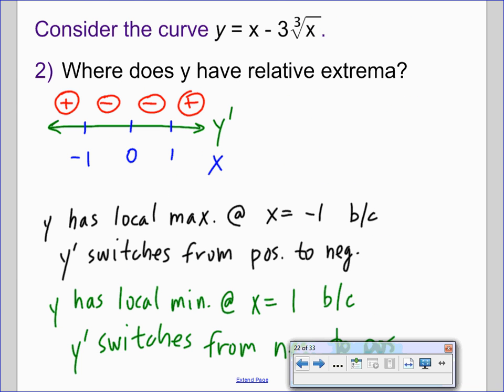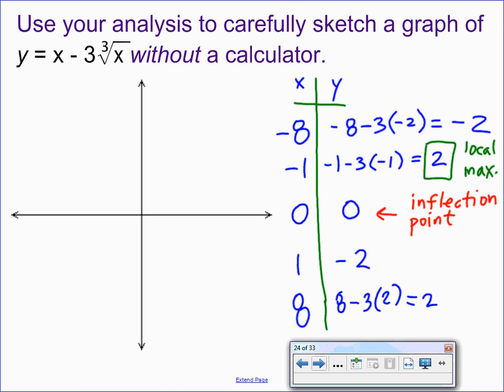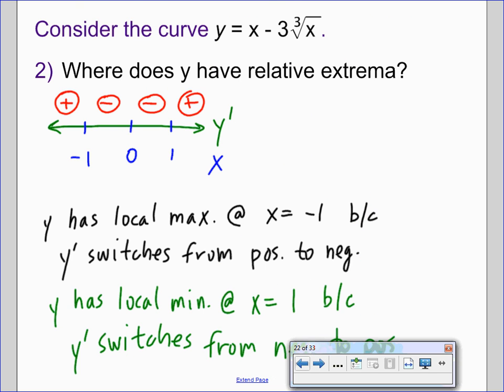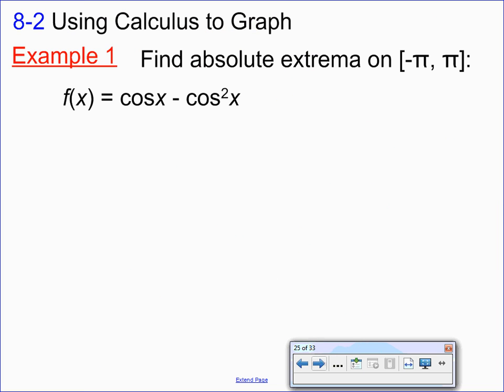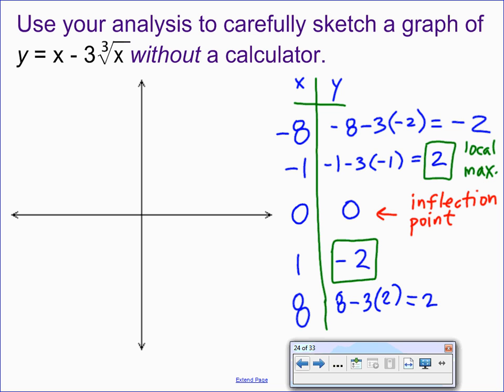Yes, there's a local minimum at x equals 1, and the y coordinate was -2. So this is a local minimum. Awesome.